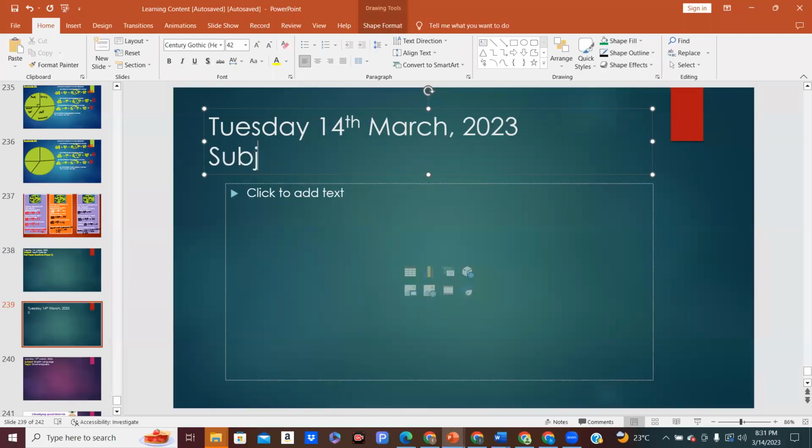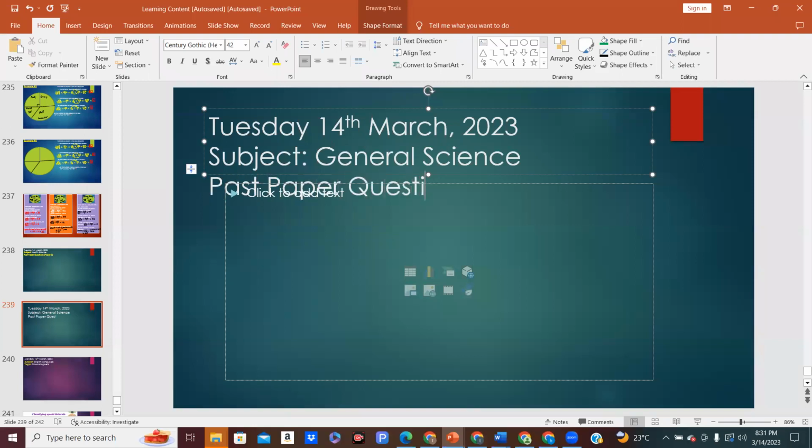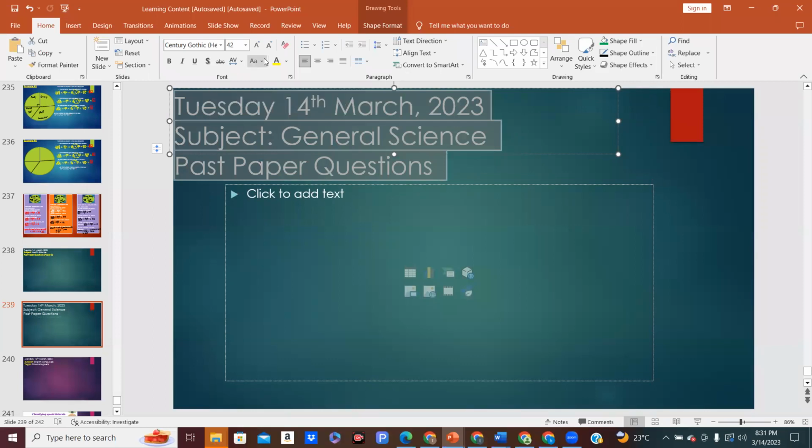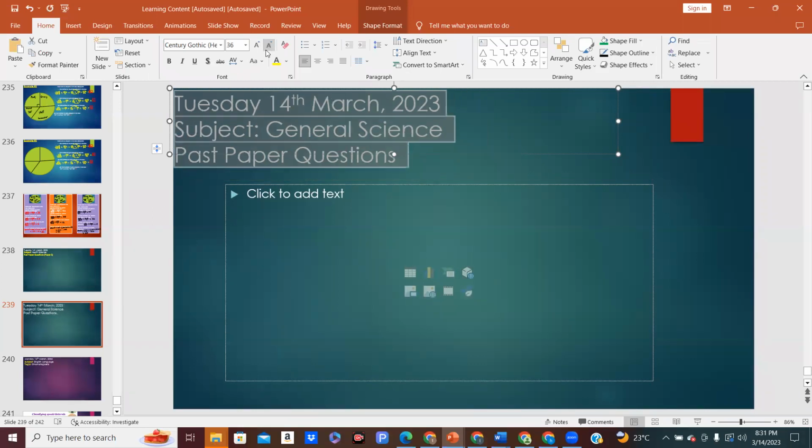Our subject is, of course, general science. And the theme, what we're doing is past paper questions. In particular, paper 2.